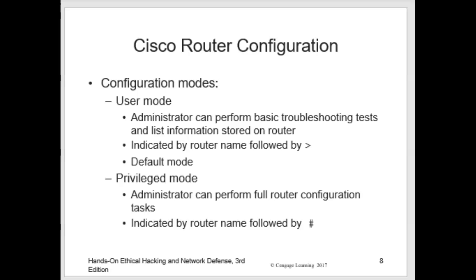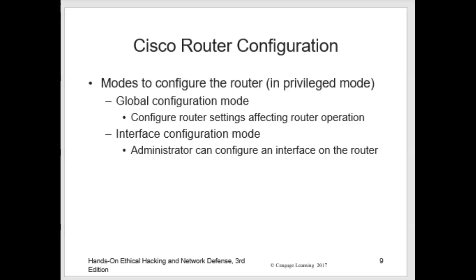And the user mode has basic troubleshooting tests, and it lists information that you will need as a professional. Now, in privileged mode, an administrator can perform full router configuration tasks, and that largely is the distinction from user mode, which is basic troubleshooting, to privilege mode, which is full router configuration.